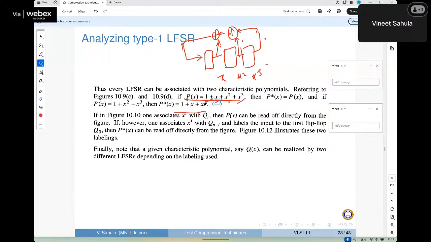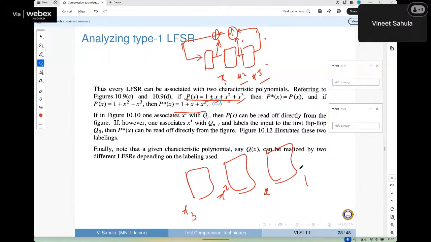Now, for P star, we reverse our labeling for x only. We have labeled x, x squared, x cubed here. We'll do it the reverse way. We'll say x^3 is this, x^2 is this, x is this, and 1 is this.